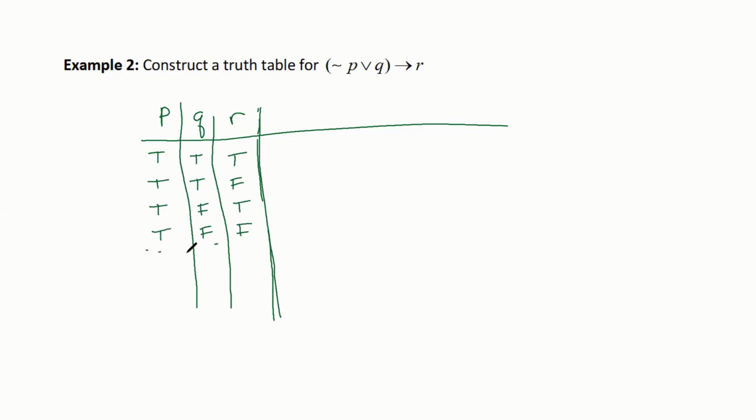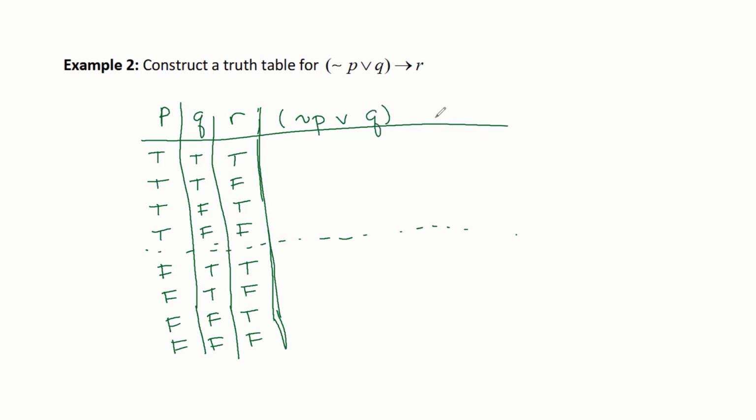And we'll put our dotted line here to keep things organized. Let's extend these a little. So we have false, true, true, false, true, false, false, false, true, and false, false, false. And then our statement, not P or Q, leaving some room, and our if-then and R. So we'll begin with our simple statements, our negations, and our statements.